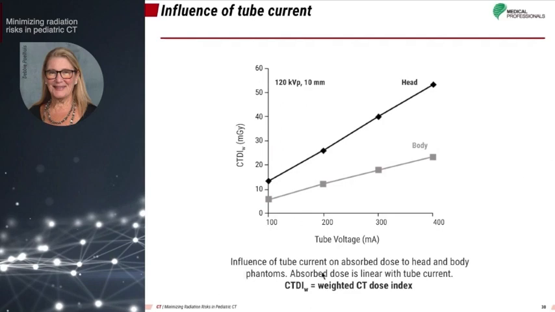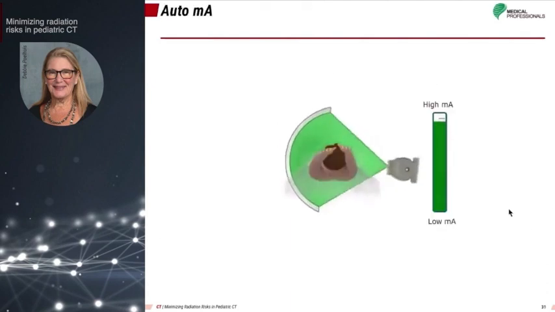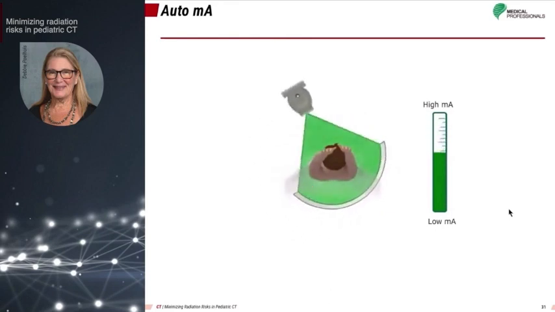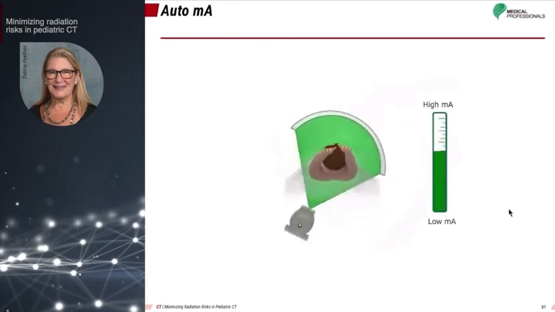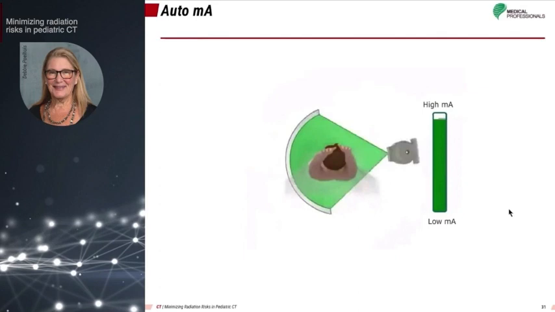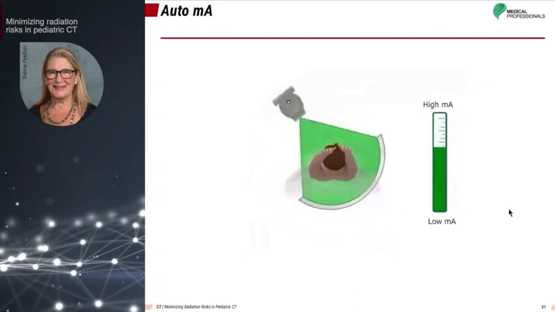The influence of the tube current on the absorbed dose to the head and body phantoms: again, the absorbed dose is linear with the tube current. This is an automatic dose response based on patient anatomy, or a scout view.